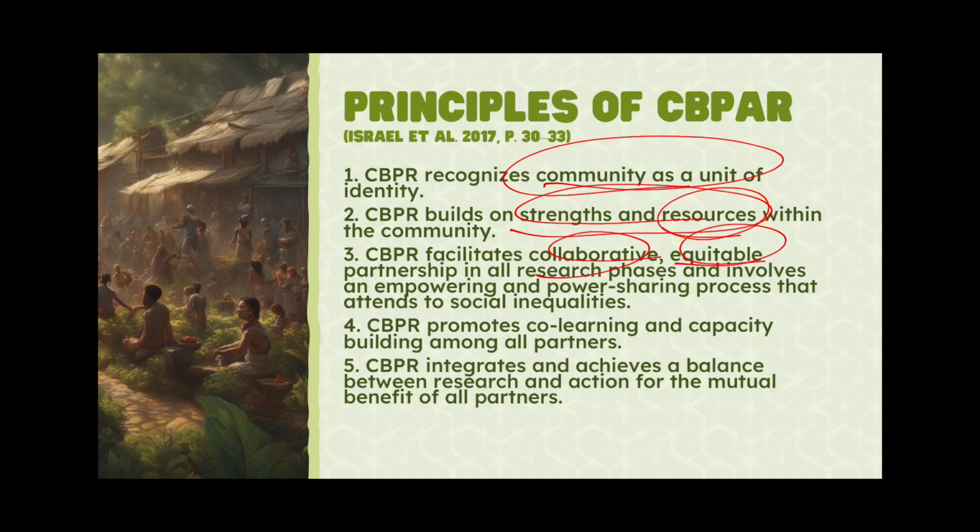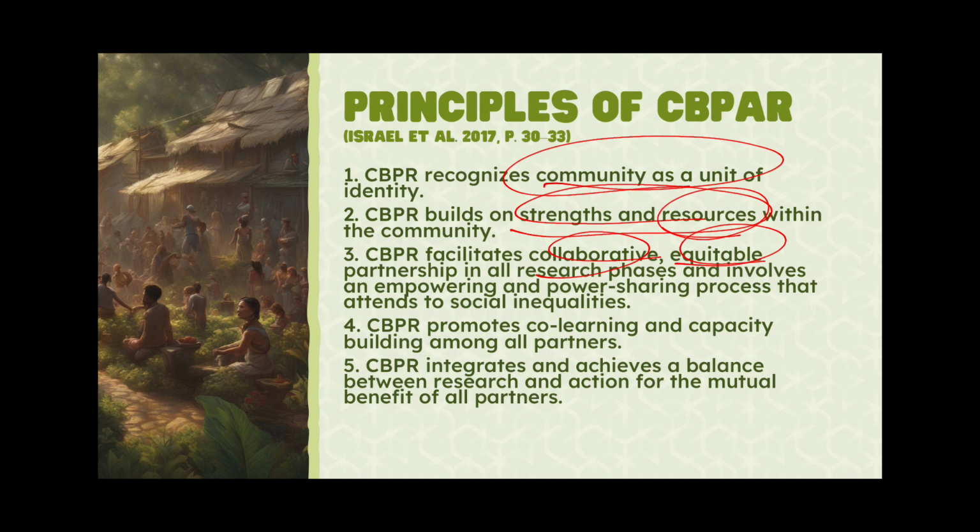So again, another argument of CBPAR against normal research is the power relations between the researcher and the researched, the researcher and the respondent, is that the power lies more in the researcher in terms of directing the research, and we want to flatten that power gap between the researcher and the researched.